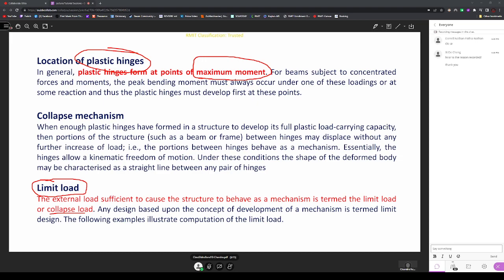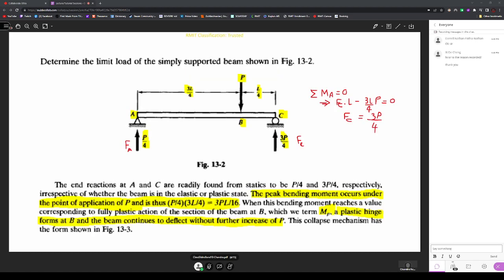So now let us look at some examples to understand more about this plastic design. So plastic design is basically identifying the plastic hinges first, then calculate the plastic load, when the points on the mechanism reach the fully plastic state.